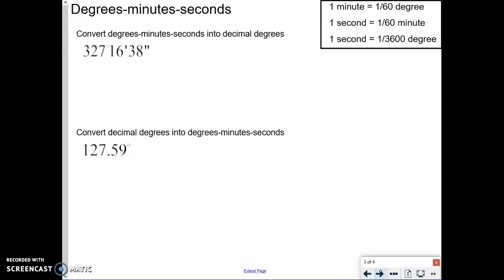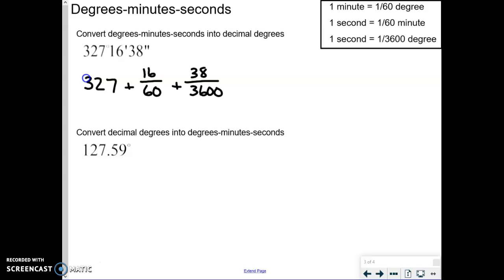So if we go right down the line, there are 327 degrees to start. To that, we are going to add 16 minutes, which is the 16 with the apostrophe on it. That would be, if you look at our chart, the same thing as saying 16/60ths of a degree. And to that, we're going to add our seconds. We have 38 seconds, which again, if you refer back to our chart, is 38/3,600ths of a degree.